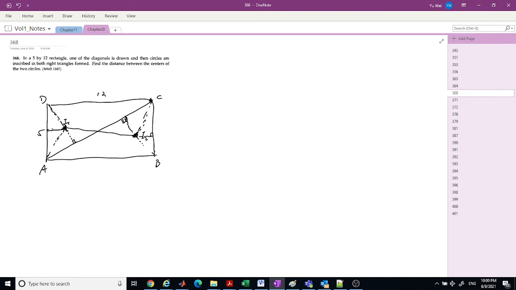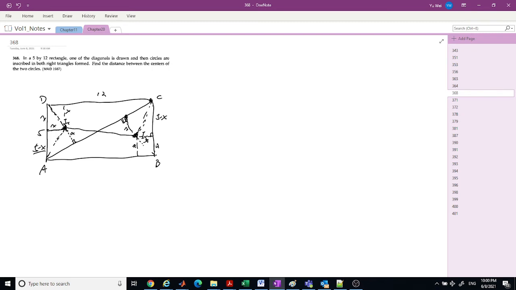Okay, so let's say the radius is x, right? So we have x here. Here is 5 minus x, and we also have x and x, right? Here is x, here is 5 minus x.